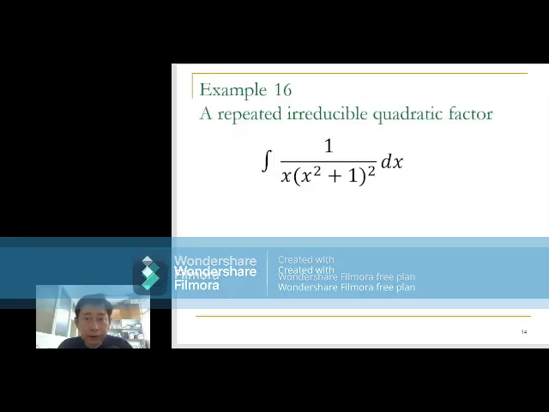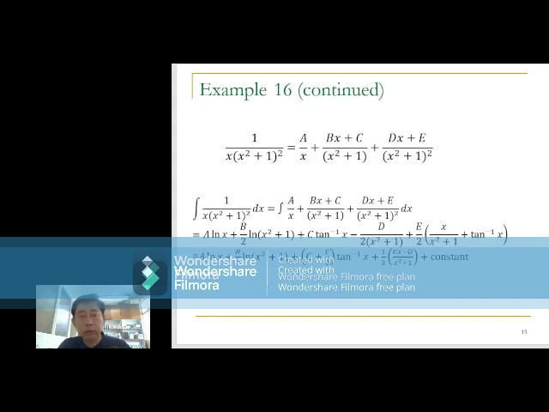As a conclusion, we have discussed the integration of a fractional function with a repeated irreducible quadratic factor in the denominator. We first showed how to decompose the fractional function into 3 partial fraction terms. The first partial fraction term, A over x, comes from this linear factor.